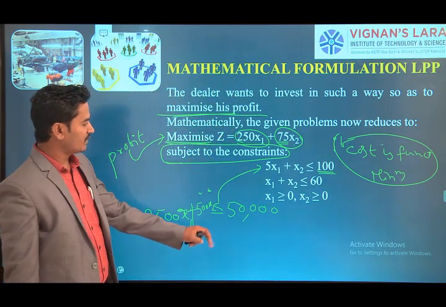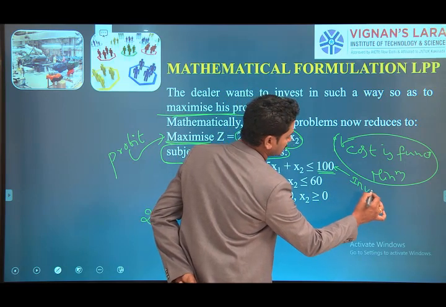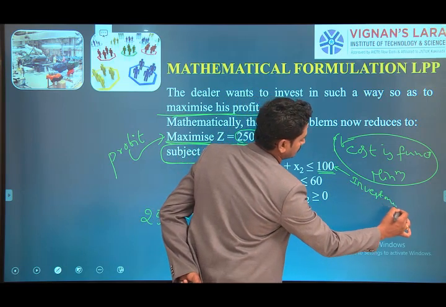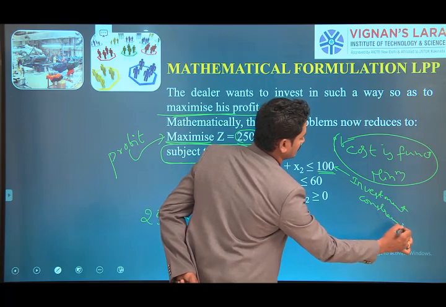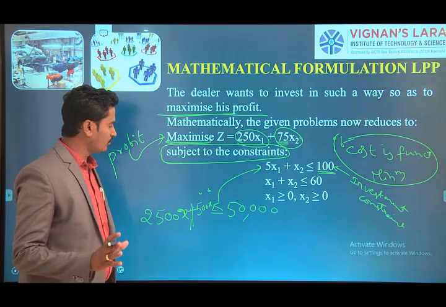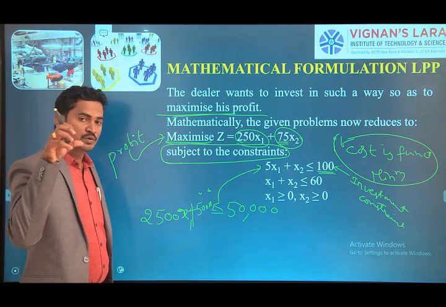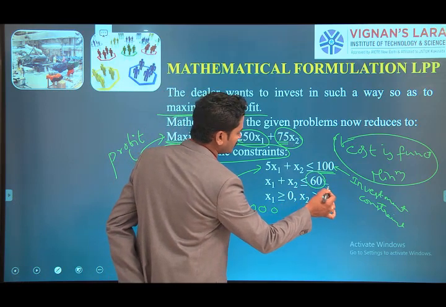Next, the first one is the total investment constraint. And what is the second constraint? Second constraint, we have storage space. He has only 60 pieces of storage space.